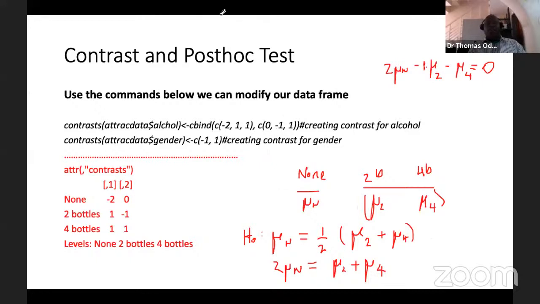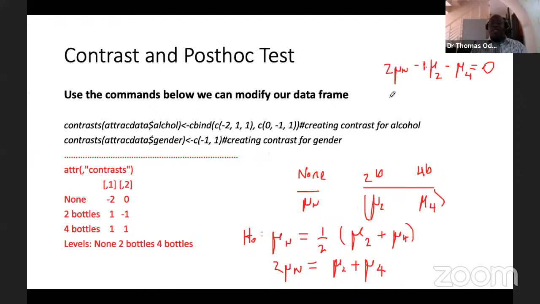Are you following what I'm trying to do? Okay, yes. That is what I want to explain. You see now under contrast 1, I have -2 for that, and then I have +1 and +1.